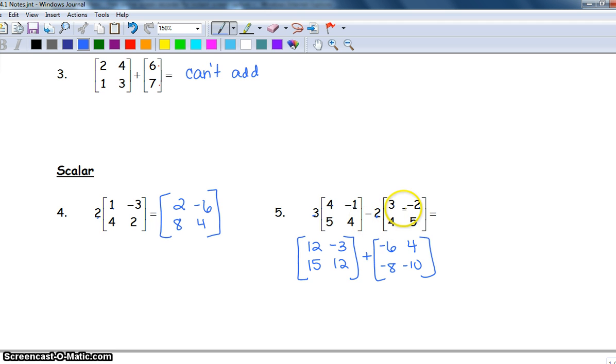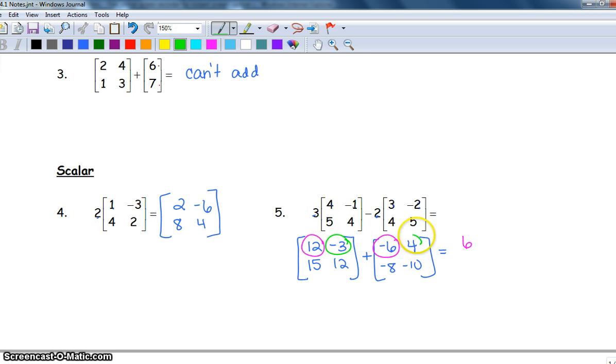Now, when you are distributing these scalars, make sure that you're keeping the numbers in the same spot that they were. So the 3 becomes a negative 6. The negative 2 becomes a positive 4. Don't mix up where the numbers are located. And then it becomes a simple addition problem. 12 and negative 6 are in corresponding positions. So 12 minus 6 is 6.